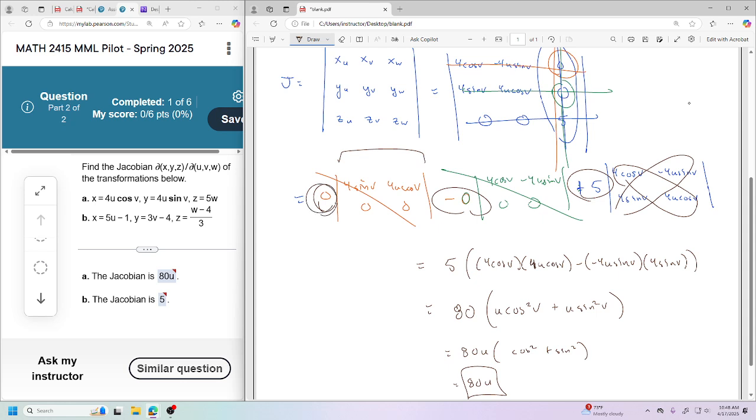No. Am I flipping it? I don't remember. Me neither. So you're saying this is the minor, this is the cofactor. Nah, it's good enough. The stupid names, we don't need them.